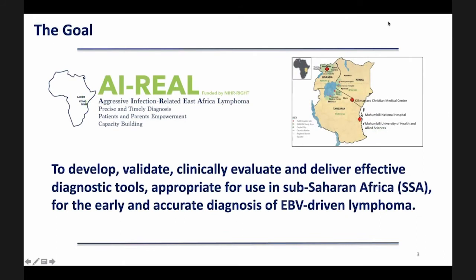So the goal and broad aim of the AR-REAL program is to develop, validate, and clinically evaluate and deliver effective diagnostic tools for the diagnosis of EBV-driven lymphomas. And the program includes sites in Tanzania, KCMC in northern Tanzania, MNH in Dar es Salaam, and then most recently Bugando and also Lacho in Uganda.